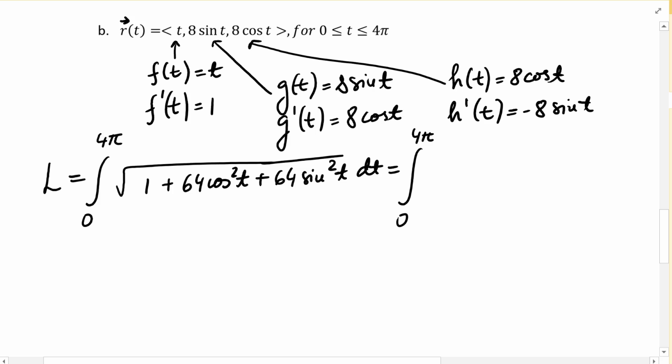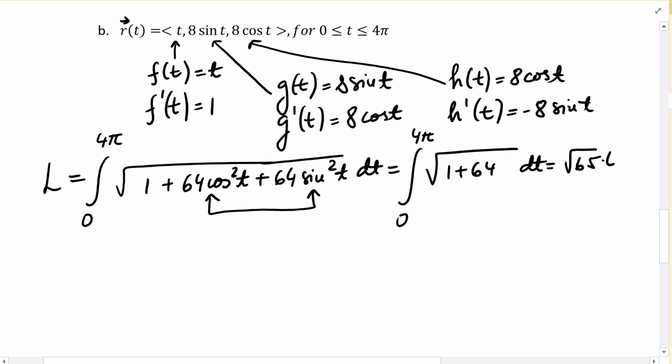Now, if we factor out 64, we end up with sine squared plus cosine squared, which is 1. So we end up with the square root of 1 plus 64 dt, which is square root of 65 t from 0 to 4 pi. That is equal to 4 pi square root of 65, and we found the length of the curve.